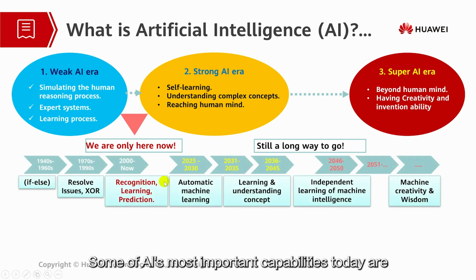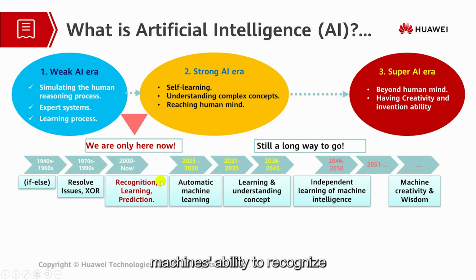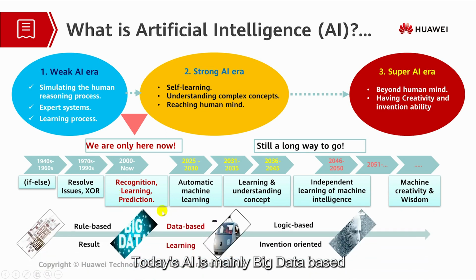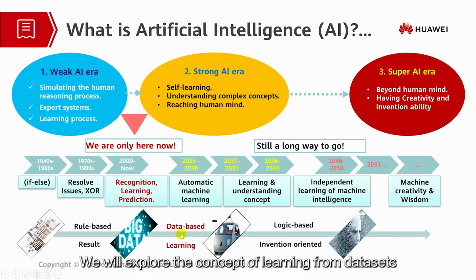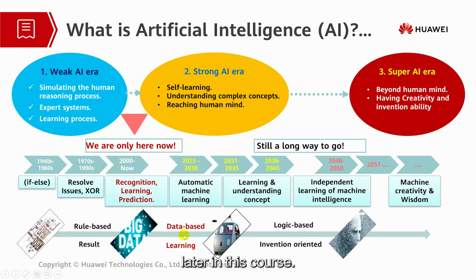Some of AI's most important capabilities today are machines' ability to recognize text, audio, video, graphics, signals, learn patterns and internal relationships from large datasets, and predict various trends and probabilities. Today's AI is mainly big data based and learning oriented. We will explore the concept of learning from datasets later in this course.